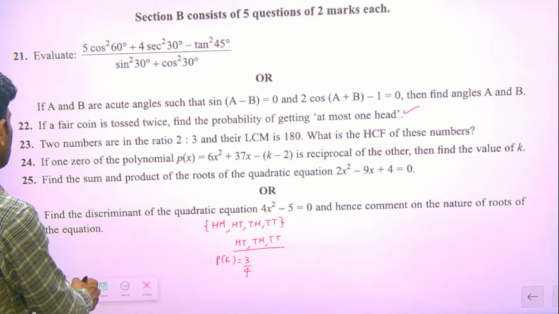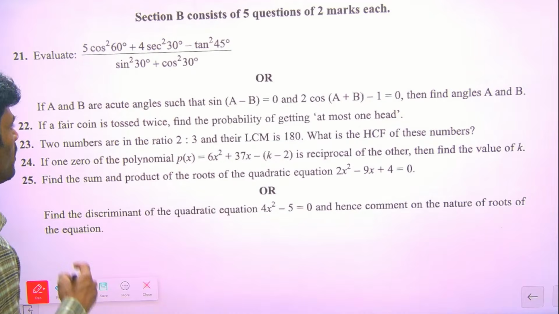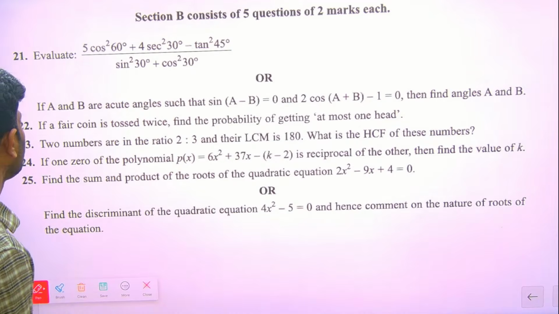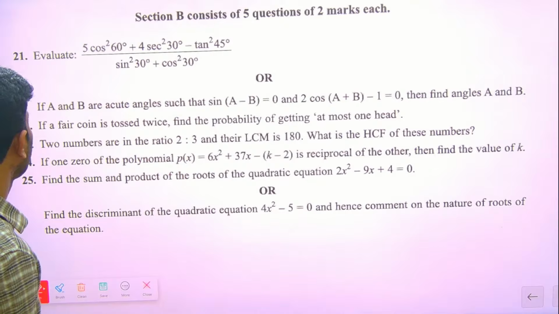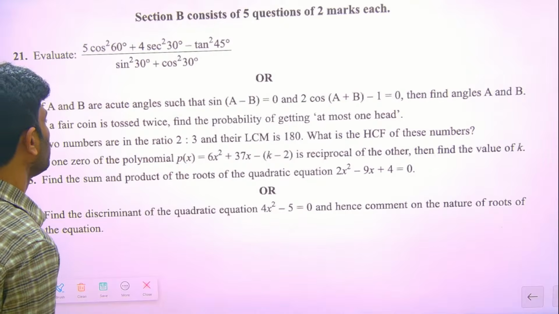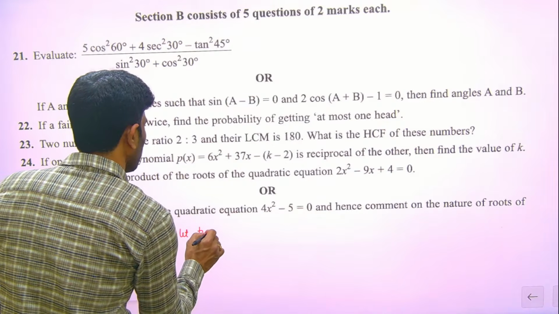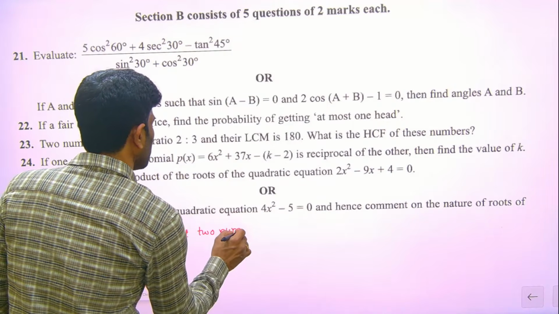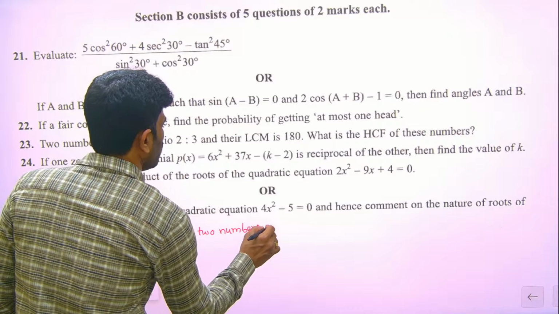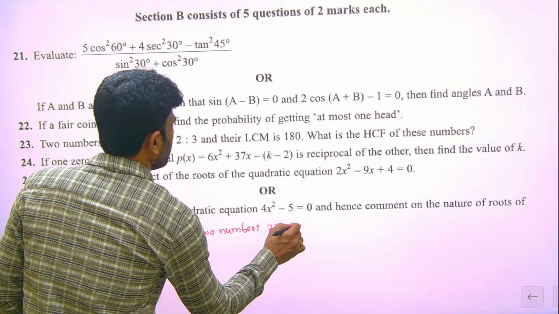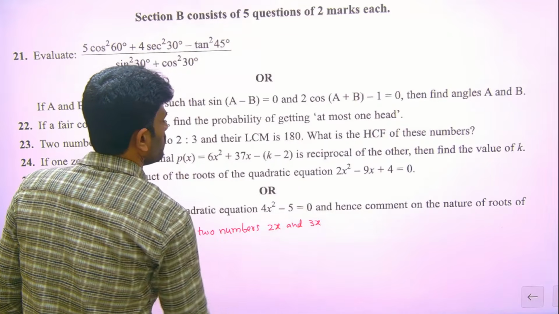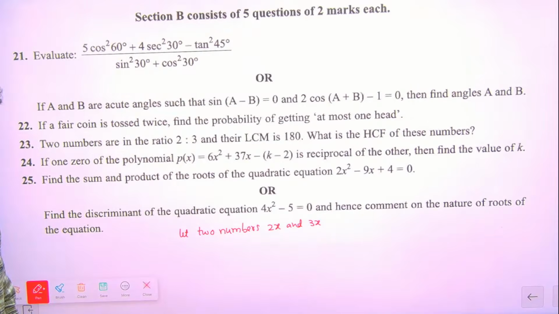Now question number 23. It is not about 2 plus 3 root 3 like that, but the ratio of two numbers is given and LCM is given. So let two numbers be 2x and 3x.